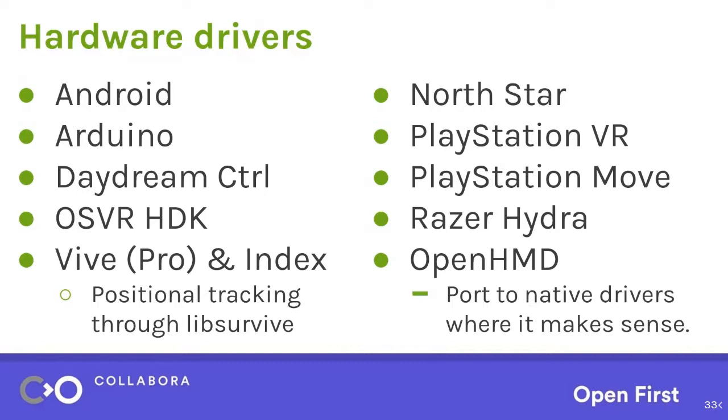We support the Northstar headset, which is a really cool AR headset that's completely made by the community, so it's all open source. Very good fit. We have support for the PlayStation VR and the PlayStation Move. We have 6-DoF tracking there. It's a little bit tricky to set up, but you can actually get 6-DoF tracking with all of these. We have support for the really old Razer Hydra, and we do have a wrapper around OpenHMD, so we have support for those drivers as well. That's all in there.